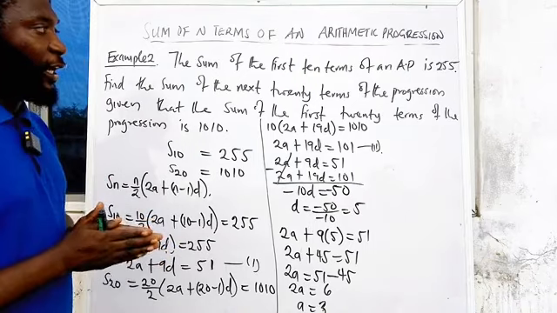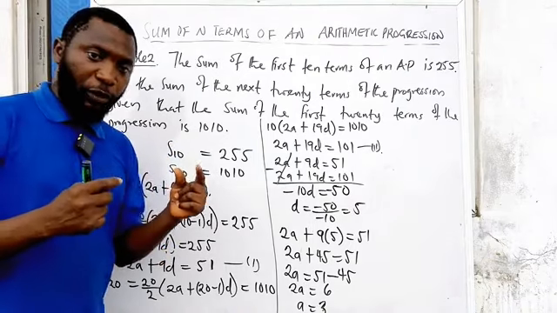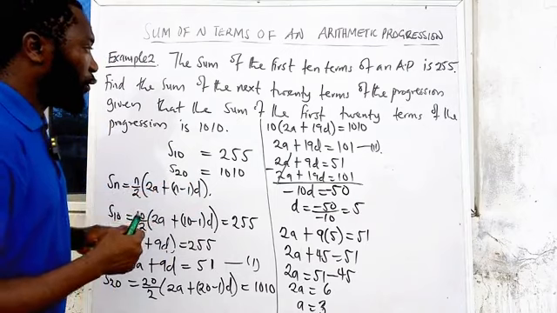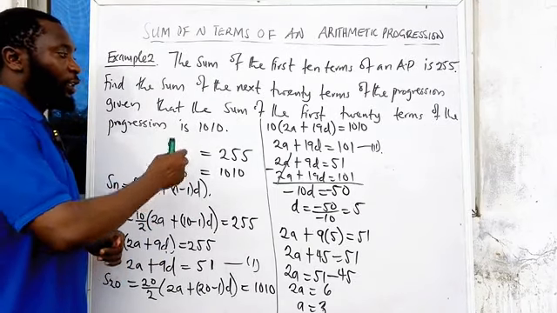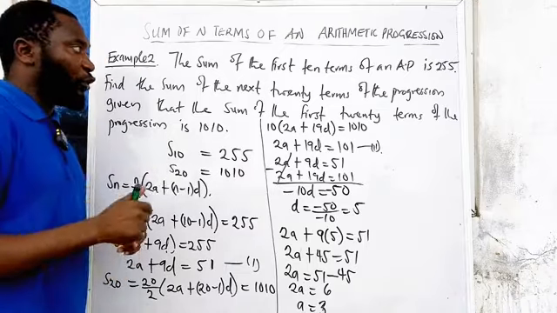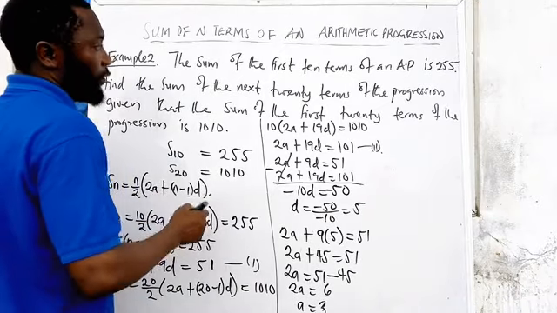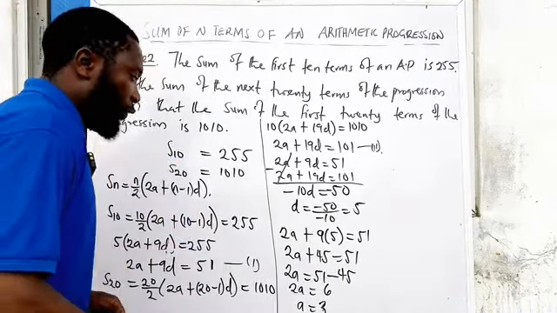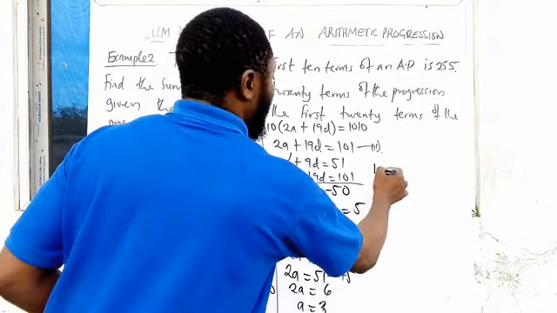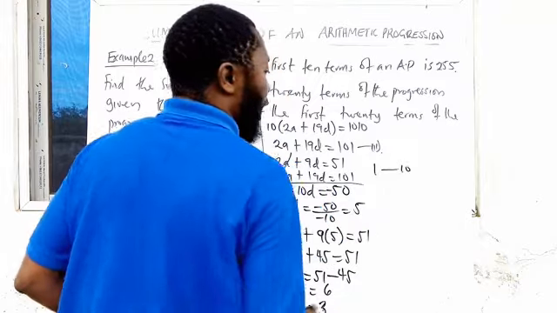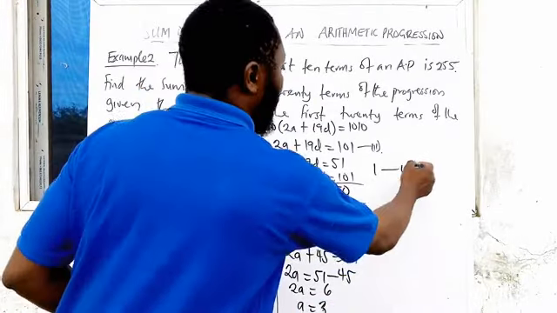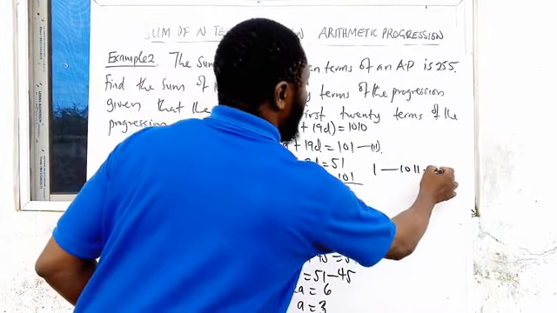Now, as I said earlier, you can solve this question in two different ways. The first method, we find the sum of the first 30, because the question says we are given the first 10, 1 to 10. And the question requested the sum of 11 to 30.